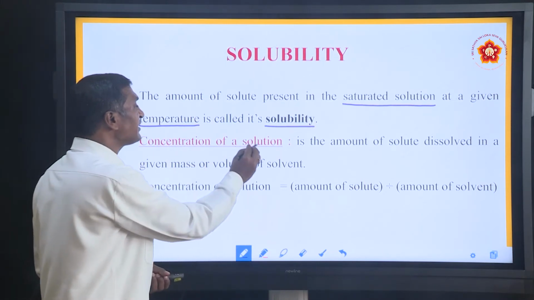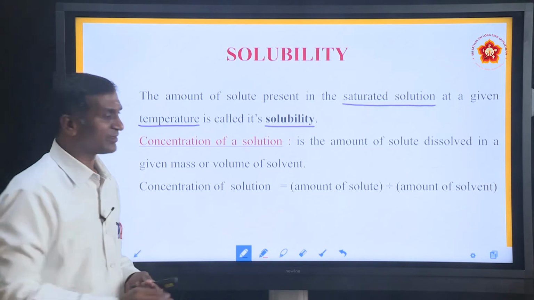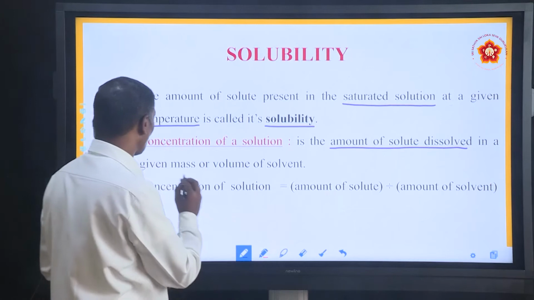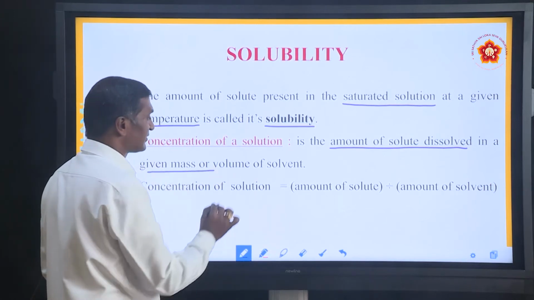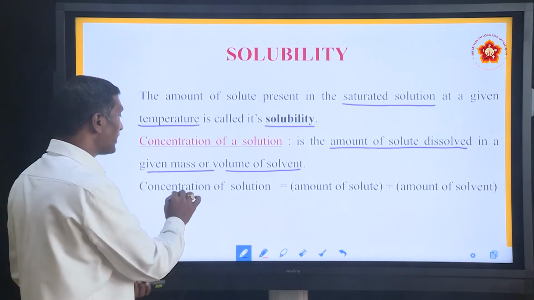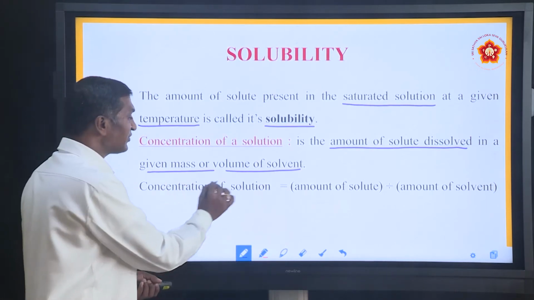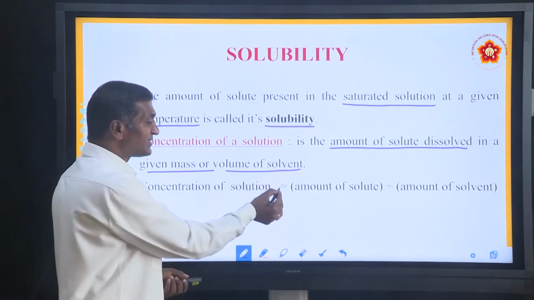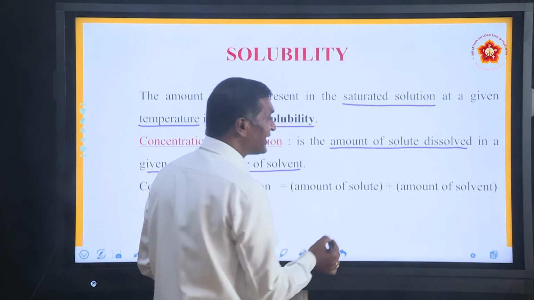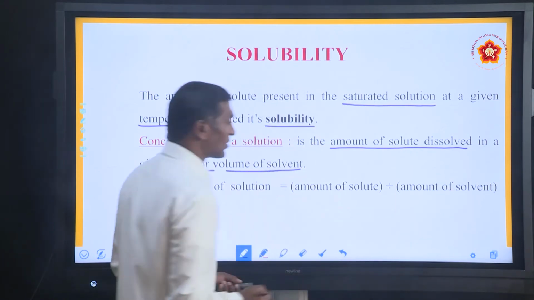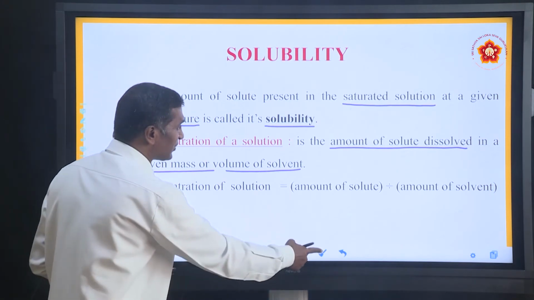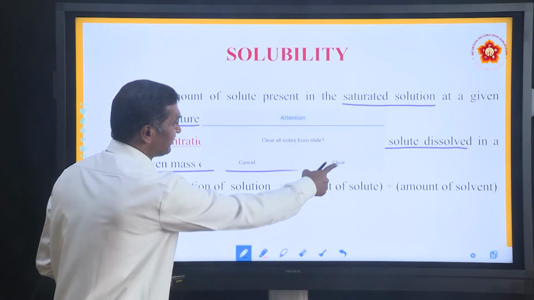The concentration of a solution is nothing but the amount of solute that is dissolved in a given mass or volume of solvent. A simple equation: the concentration of solution is equal to the amount of solute divided by the amount of solvent.